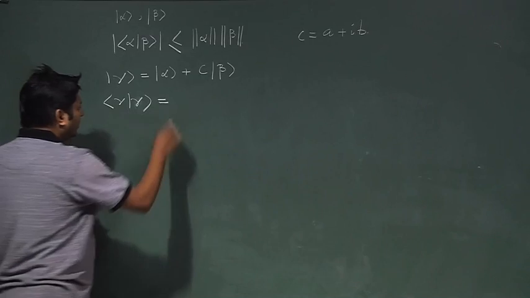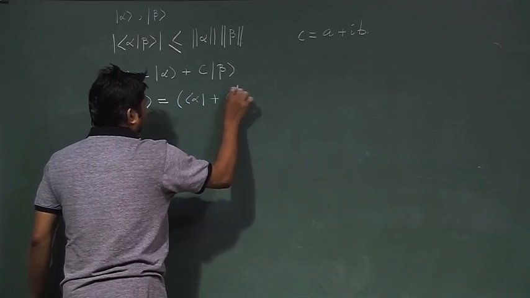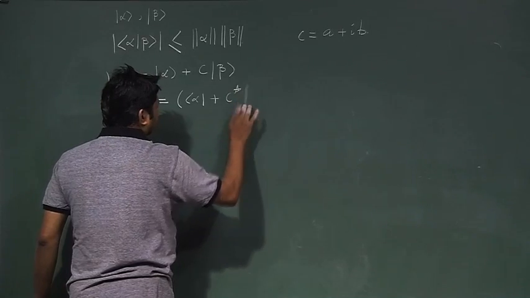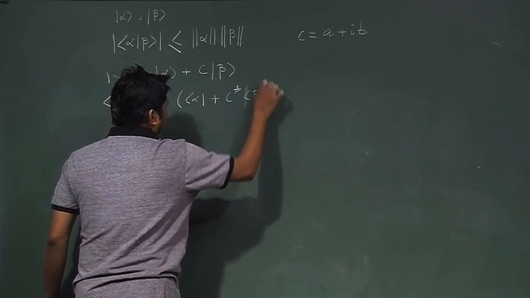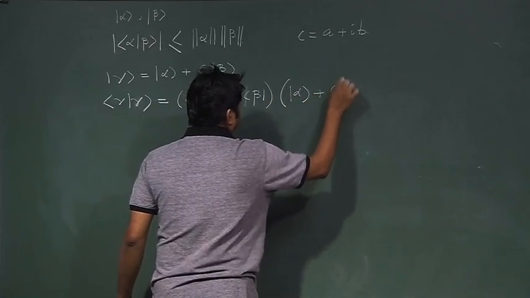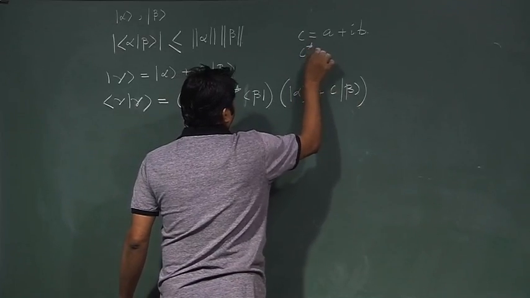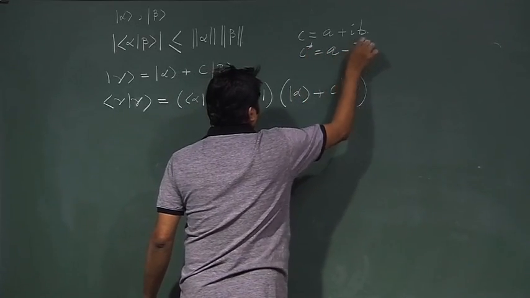what equation should I write quickly? This plus c star b multiplied by alpha plus c b. Mind it, c star will be a minus ib.